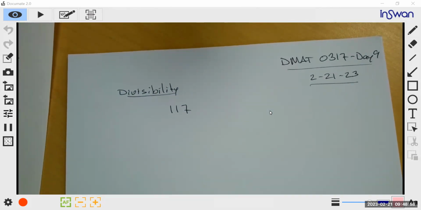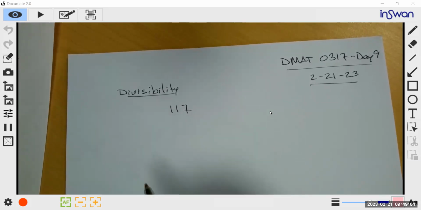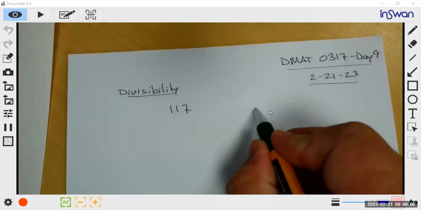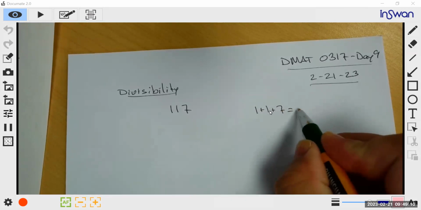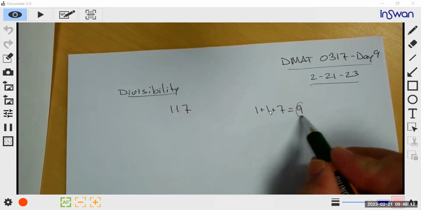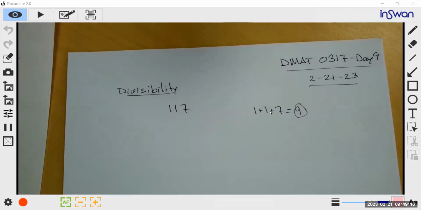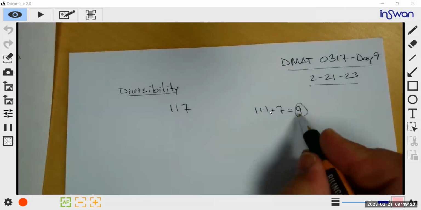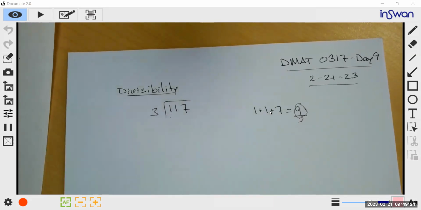Is that number divisible by 3? Is it divisible by 2? No, because it doesn't end in even or 0. Is it divisible by 3? Yeah, if we take the numbers 1 plus 1 plus 7, is this number divisible by 3? Yeah, so since that sum is divisible by 3, that means this whole thing is divisible by 3.